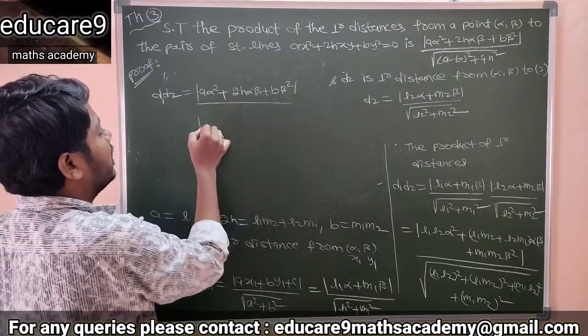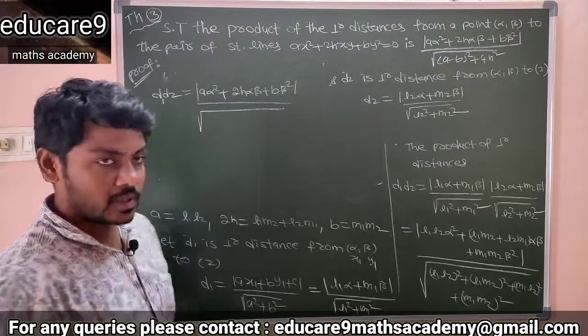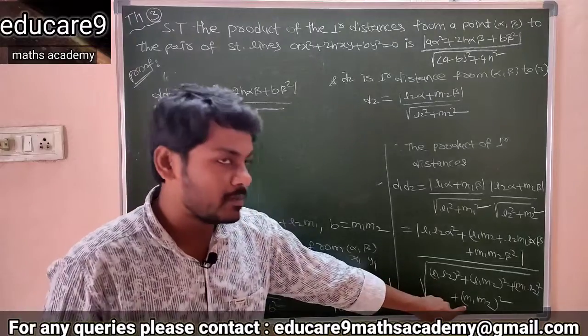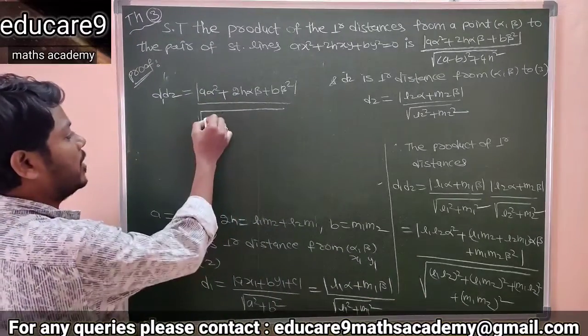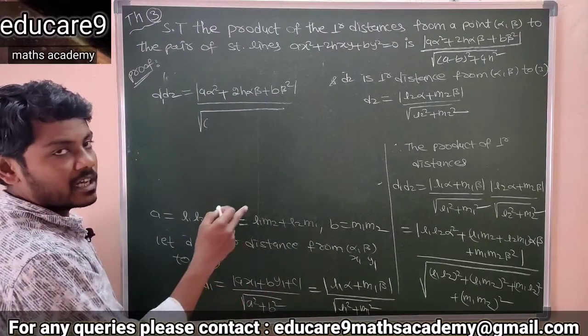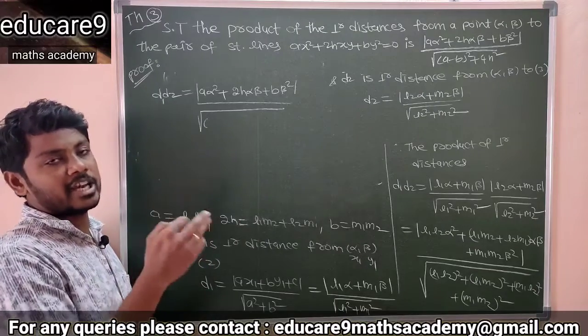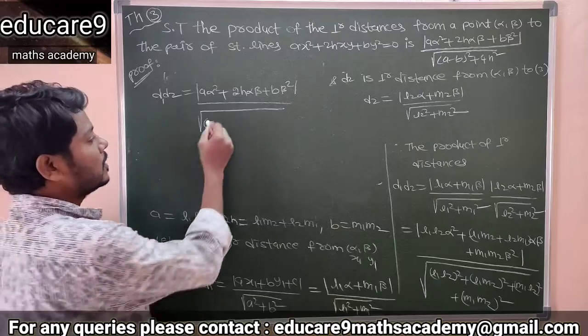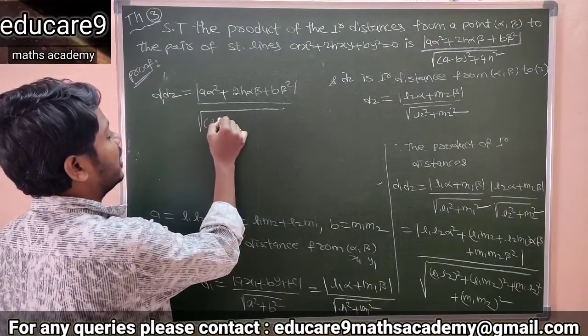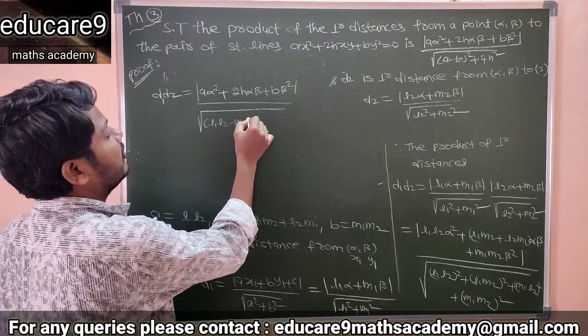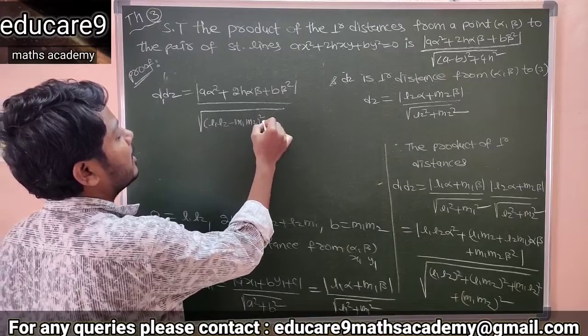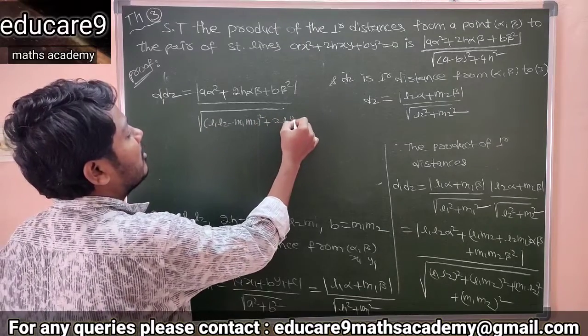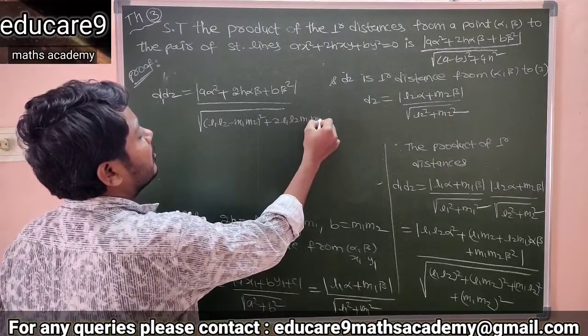Now the denominator is divided by square root of the product, multiplying again: (L1 L2) whole square plus (L1 M2) whole square plus (M1 L2) whole square plus (M1 M2) whole square. For the first and last, we apply a square plus b square equals (a minus b) whole square plus 2ab, that is (L1 L2 minus M1 M2) whole square plus 2 L1 L2 M1 M2.